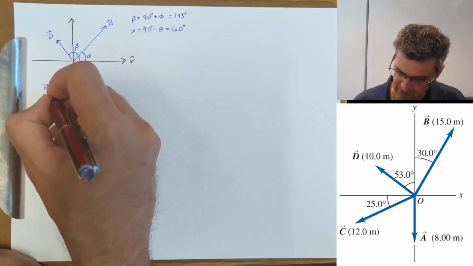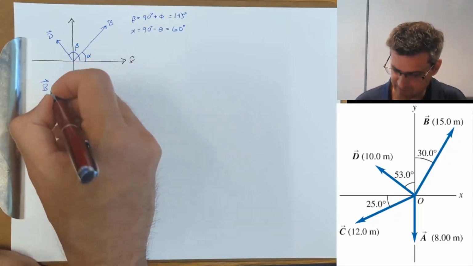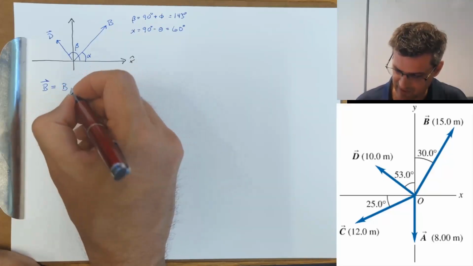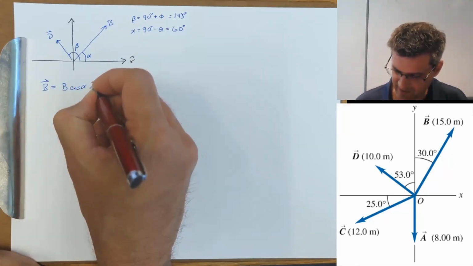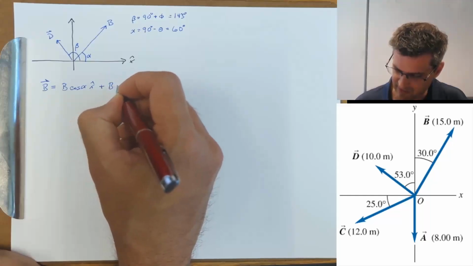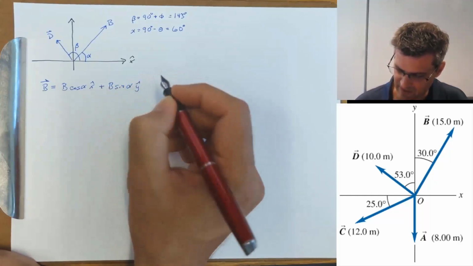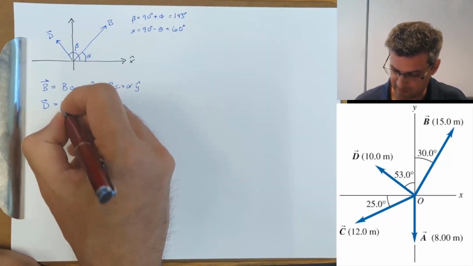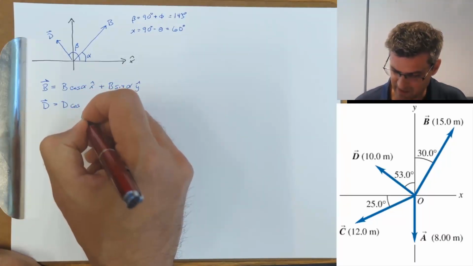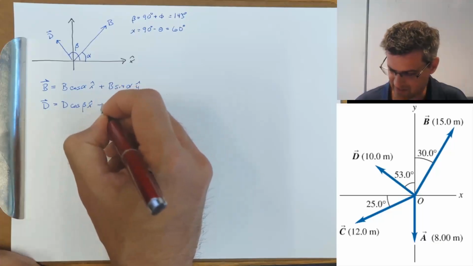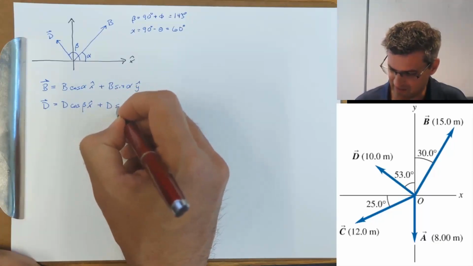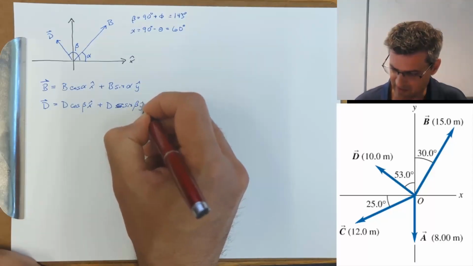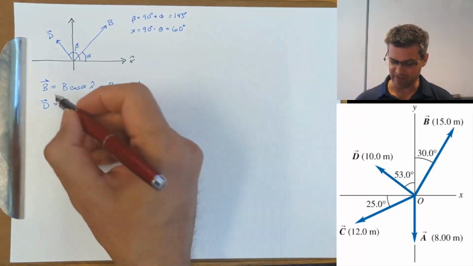So if I wanted to look at what is B, B is the magnitude of B cosine of alpha in the x, plus magnitude of B sine of alpha in the y. What is D? It is D cosine of beta in the x, D sine of beta in the y. I don't have to think about signs.